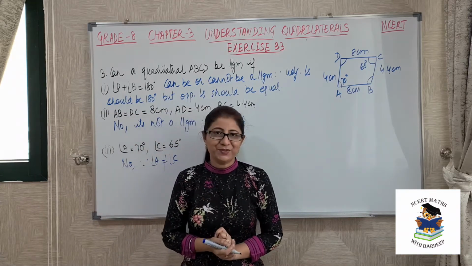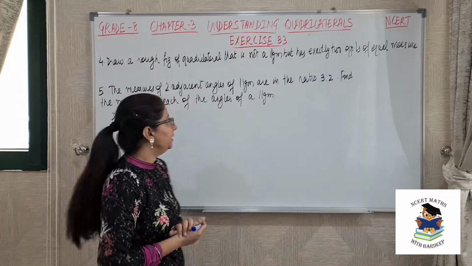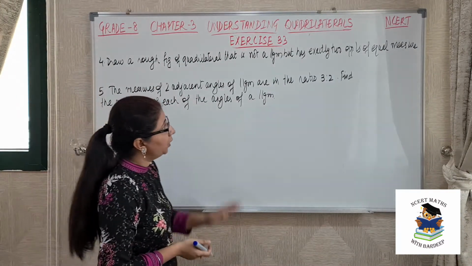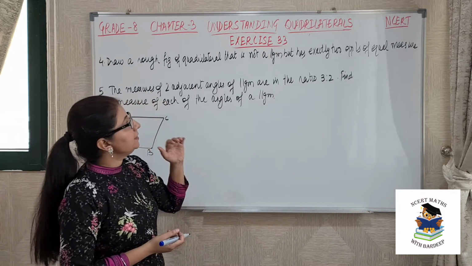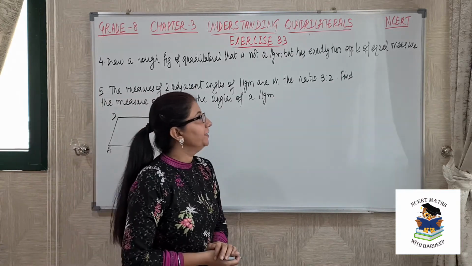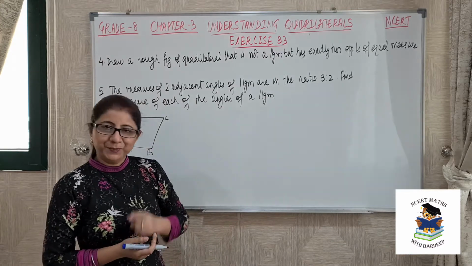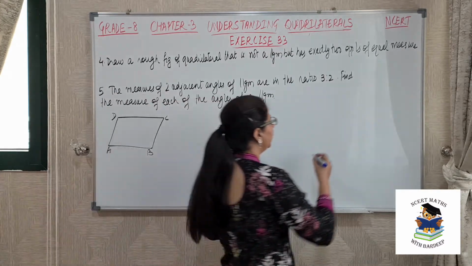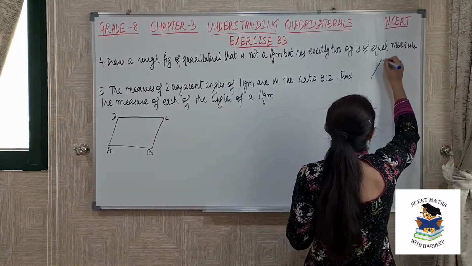Now let's see the next one. So the fourth question is, draw a rough figure of a quadrilateral that is not a parallelogram but has exactly two opposite angles of equal measure. I have already explained this in the introduction video. That type of figure will be a kite.